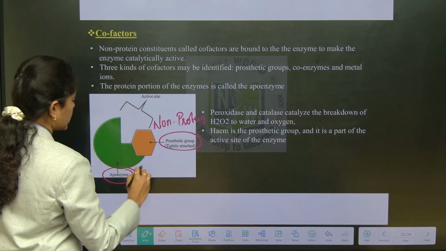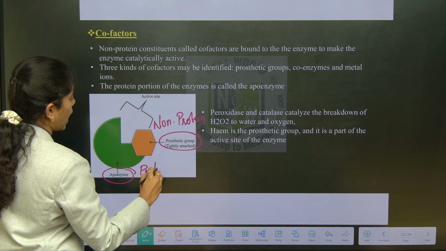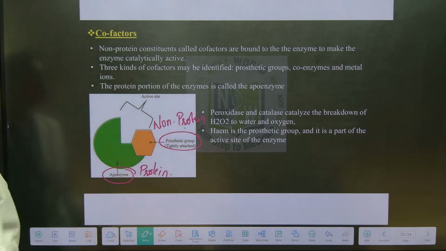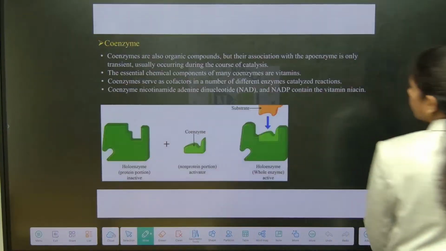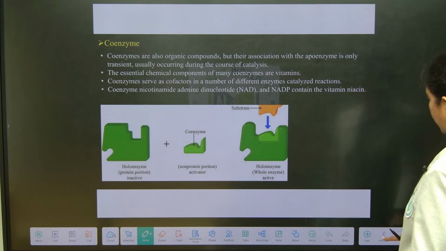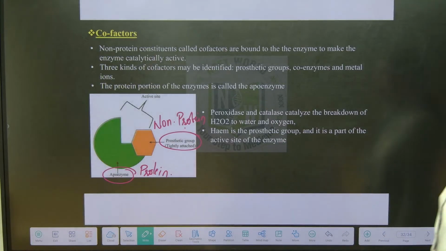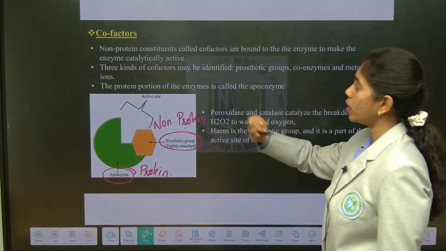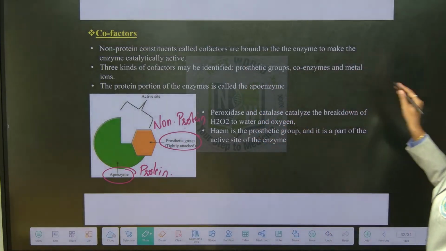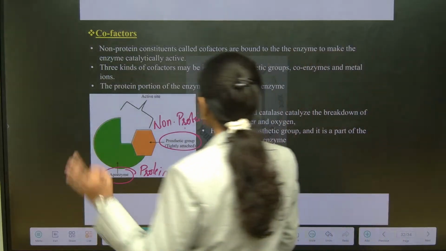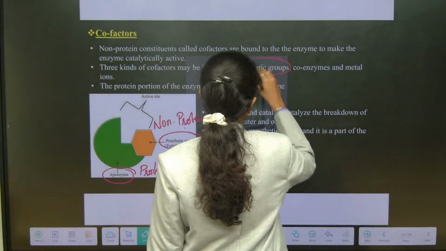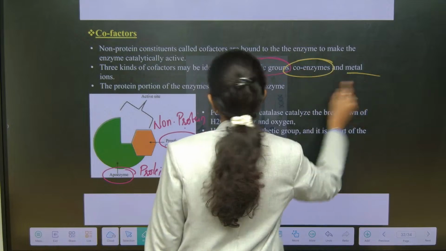The protein part of the enzyme is known as the apoenzyme. This prosthetic group can be a cofactor; it can be metallic ions or coenzymes. Cofactors are non-protein constituents bound to the enzyme, which make them catalytically active. Three kinds of cofactors: prosthetic group, coenzymes and metal ions.